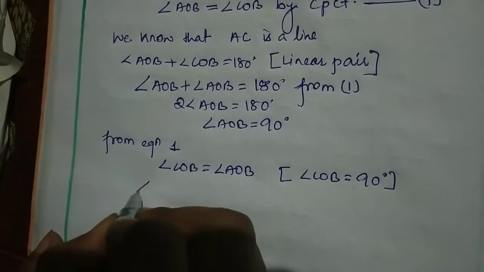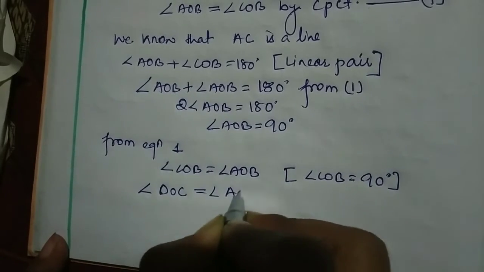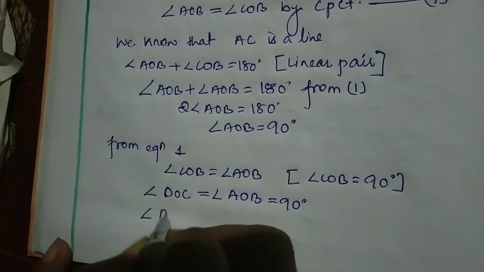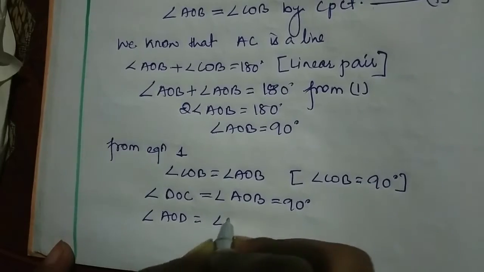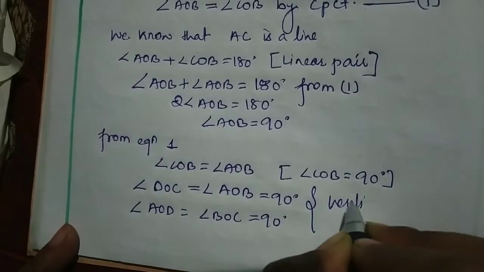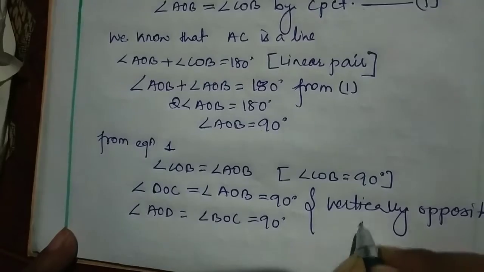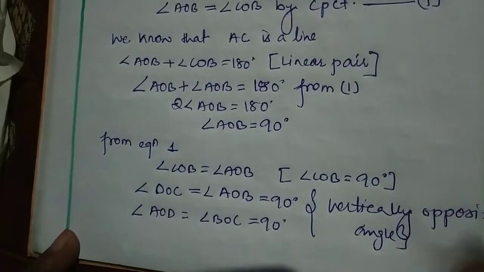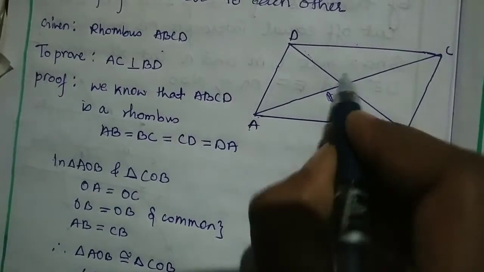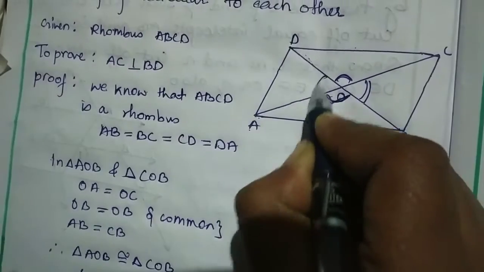So we get angle DOC equals angle AOB equals 90 degrees, and angle AOD equals angle BOC equals 90 degrees. These are vertically opposite angles: this angle is vertically opposite to this angle, and this angle is vertically opposite to this angle.